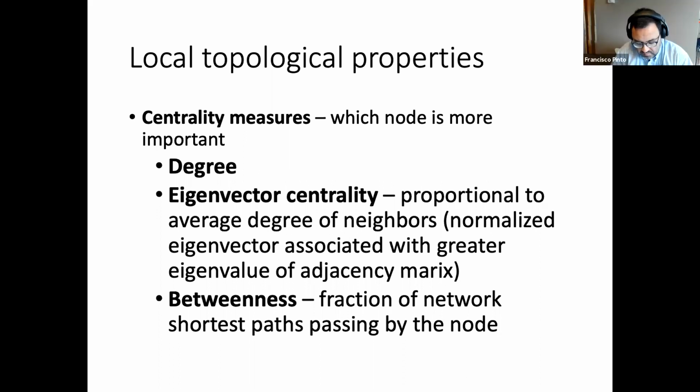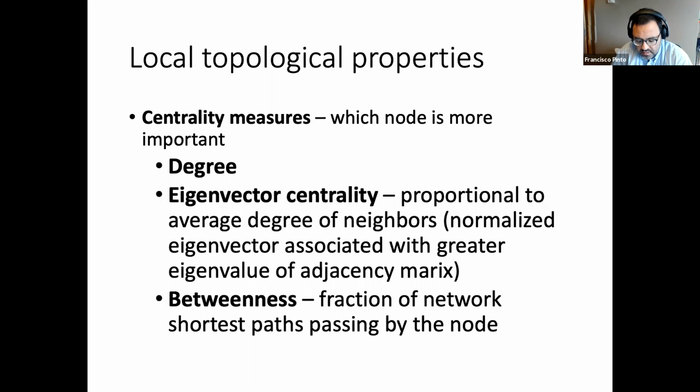Yeah, the eigenvector centrality is also related, and we'll talk later about other types of measures, to the Google PageRank algorithm. The algorithm that is behind the way that Google originally ordered the pages after a search.